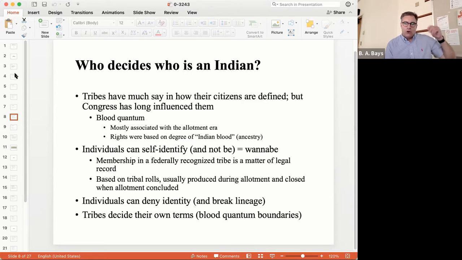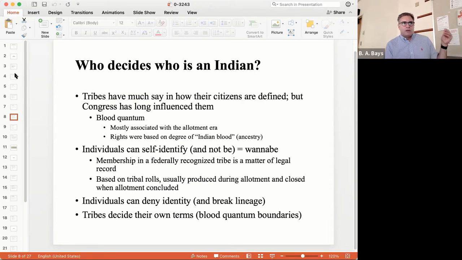Okay, so tribal rolls were taken before removal in some cases. They're not real common, but there were, I guess you could call them a census, but it was basically a list of people, a list of names.